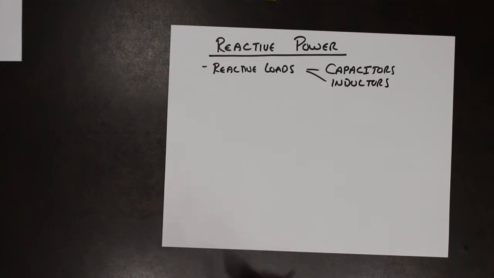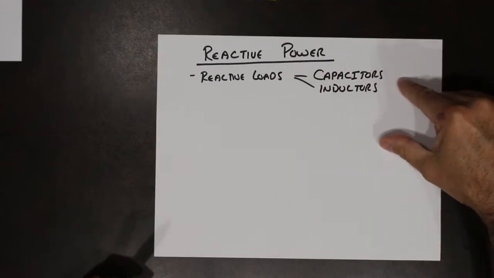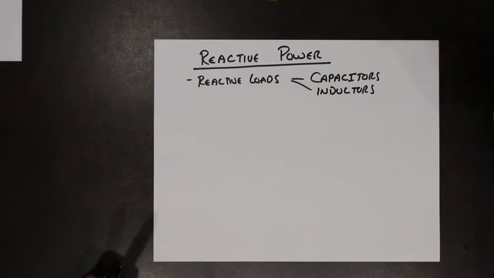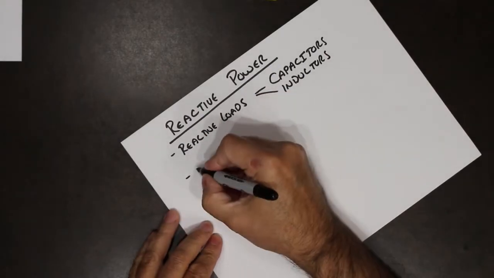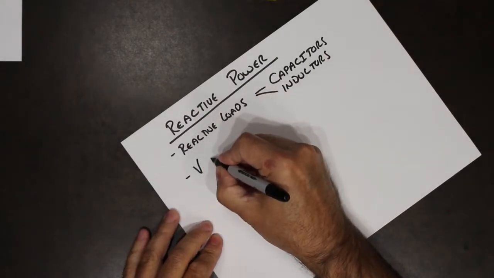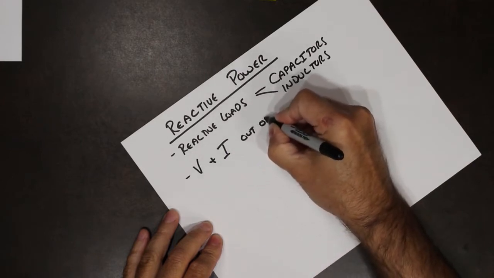As you know from AC circuits, when we're dealing with capacitors and inductors in the AC world, we have a phase shift. So with reactive power, voltage and current are out of phase.